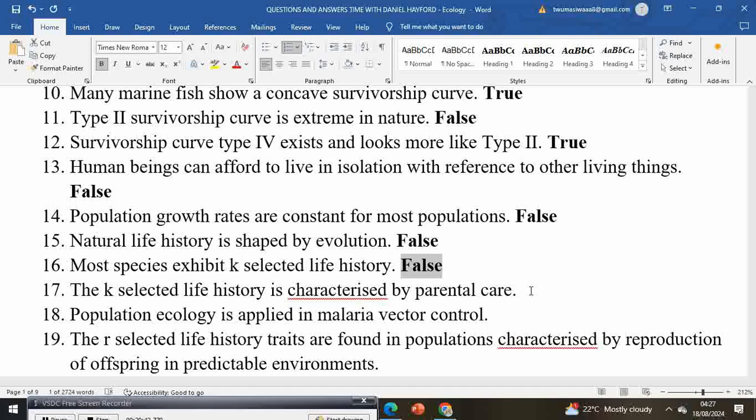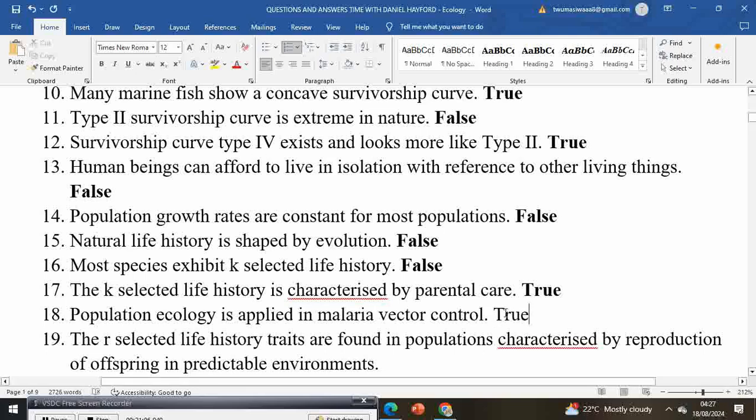Now, question number 17. The K-selected life history is characterized by parental care. Is this statement true or false? It is true. The K-selected life history is characterized by parental care. Now, question number 18. Population ecology is applied in malaria vector control.